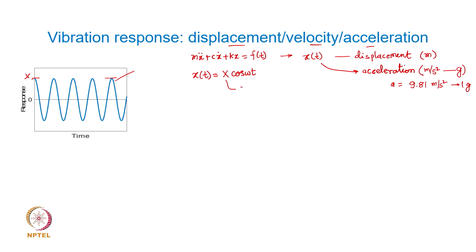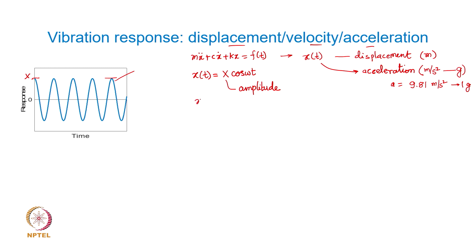So, this is your amplitude of vibration, and the cos omega t is the harmonic time function, which actually means that the instantaneous response x is going to be changing from the maximum value of X through 0 to minus X and then back to plus X, in a cycle.